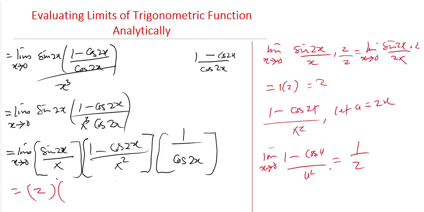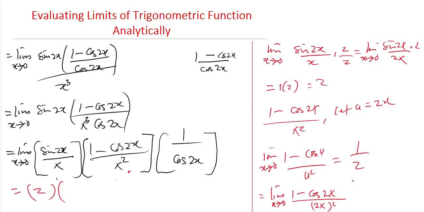You still remember? But what we are looking for is this x all over x squared. So let's rewrite this. Let's replace the value of u, so that we are going to have the limit as x approaches 0 of 1 minus cos 2x all over 2x squared.